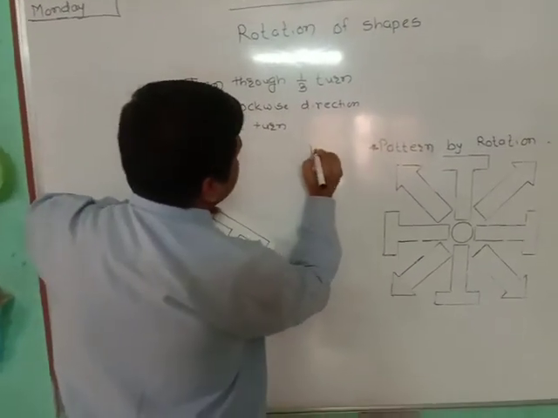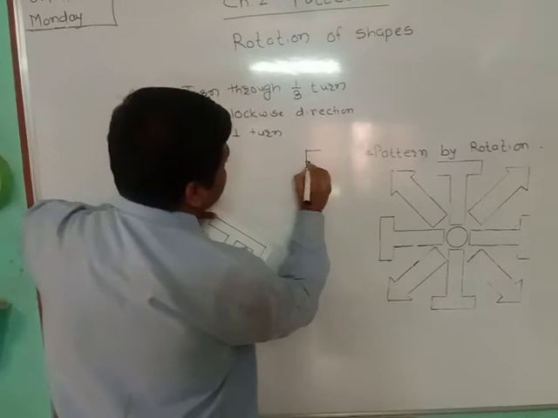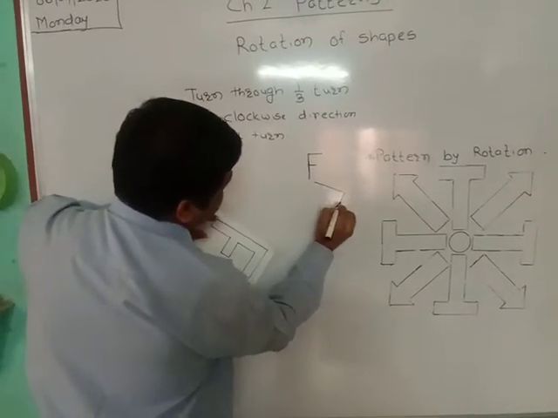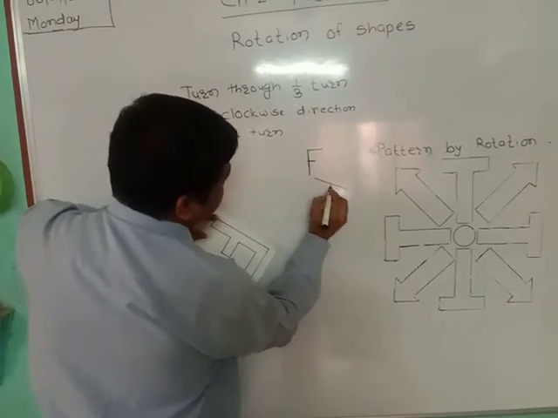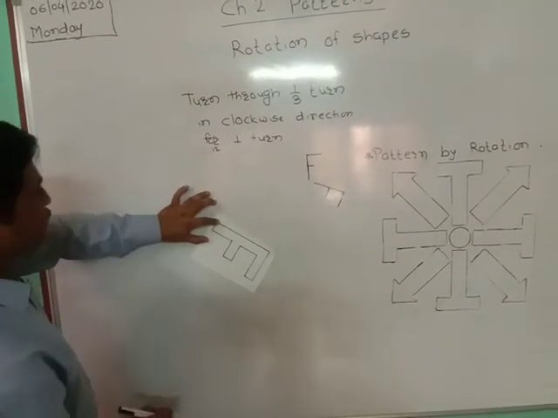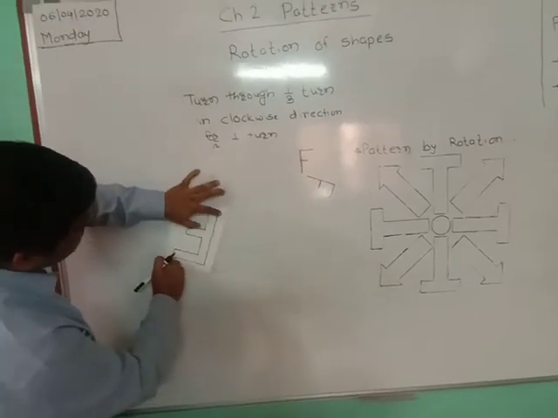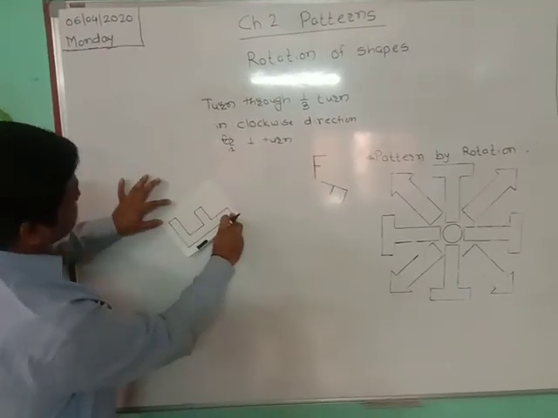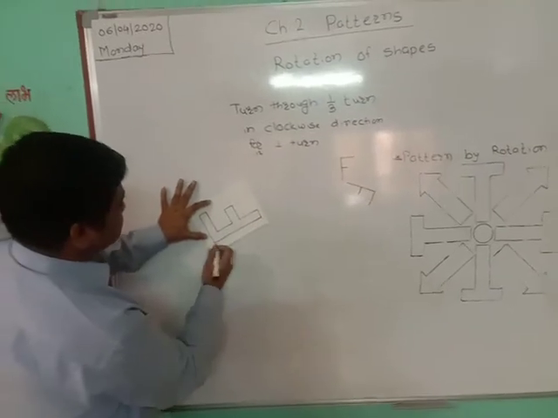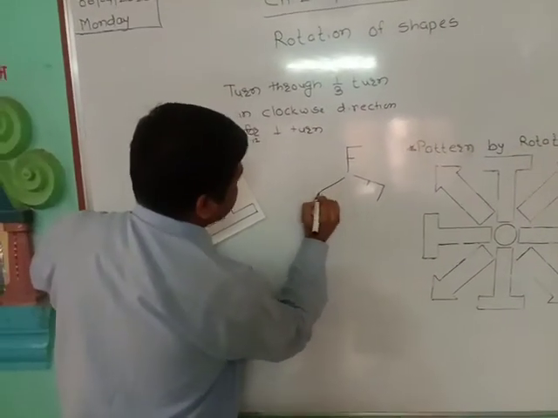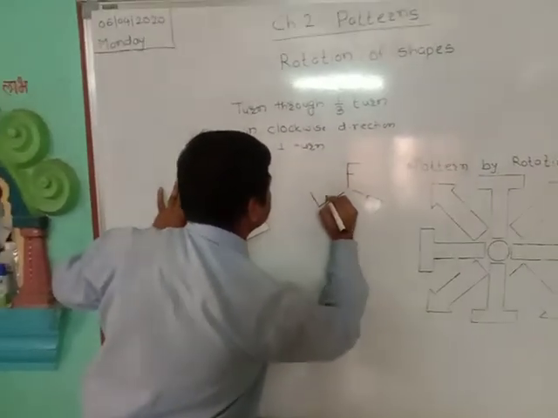Means first your F will be like this. When it is turned through 1/3 of a turn in clockwise direction, the next position of F will be this. Again, when it is turned through 1/3 of a rotation in clockwise direction, now this line will be pointing to 8 and your position of F will be like this.